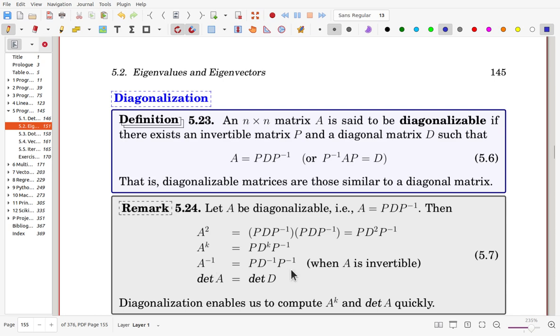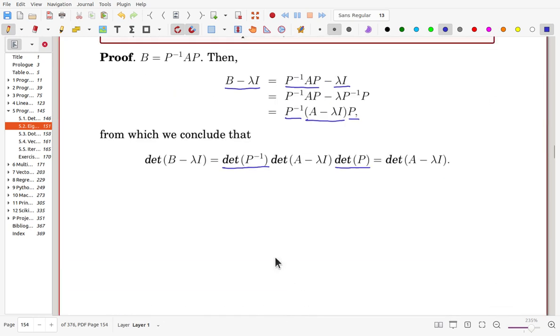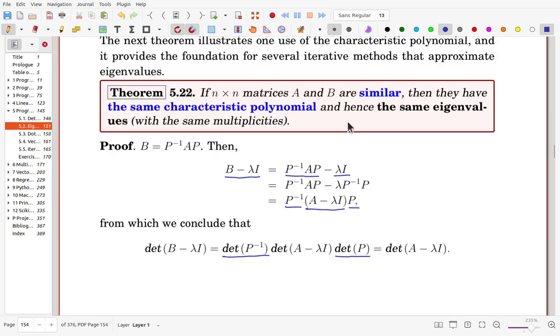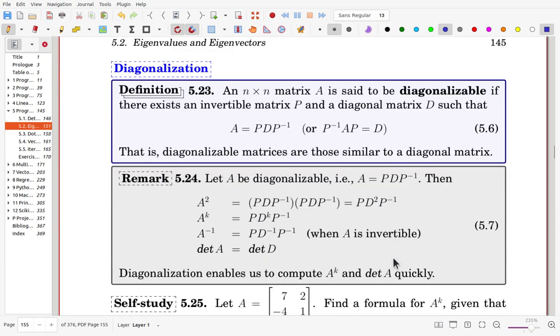Now, the determinant of A is the same as the determinant of D. Earlier, we proved that once A and B are similar, the determinant must be the same. Now we choose lambda equals 0, so exactly the determinant of B is the same as the determinant of A.